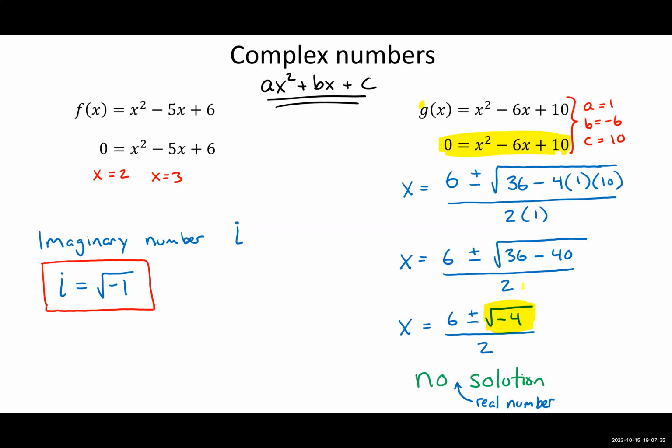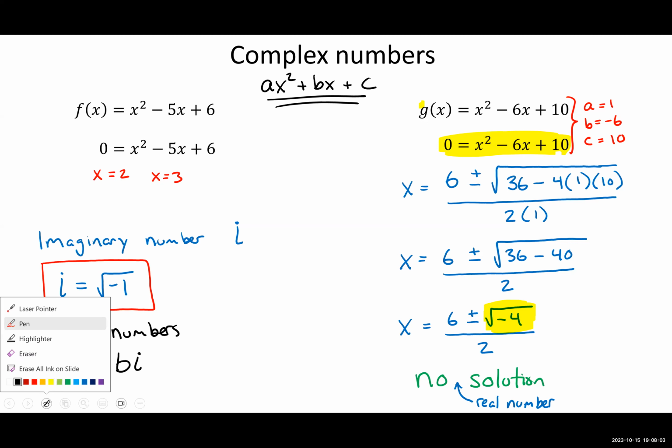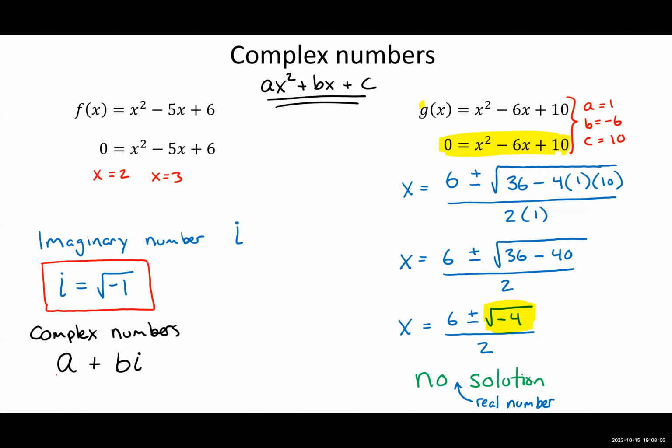And so these complex numbers, now this is a definition, I'll write it in a different color. The complex numbers are numbers that look like this: a plus b times I, where a and b are real numbers.